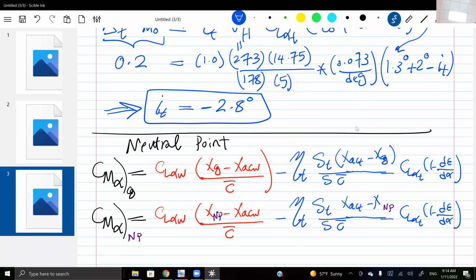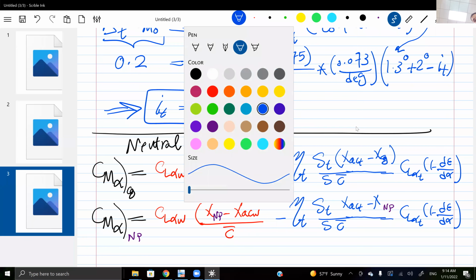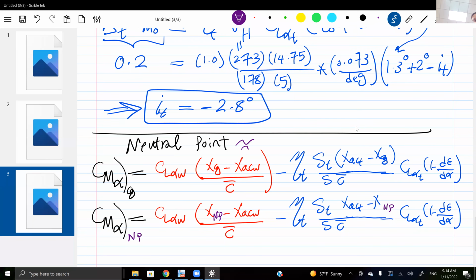What is the neutral point? Well, the neutral point for the airplane is the same as the aerodynamic center for a wing. So sometimes we say it's the aerodynamic center of the airplane. And what is the definition of an aerodynamic center?